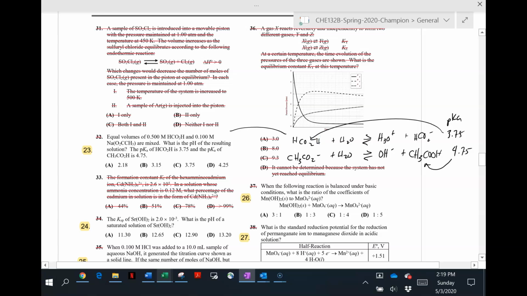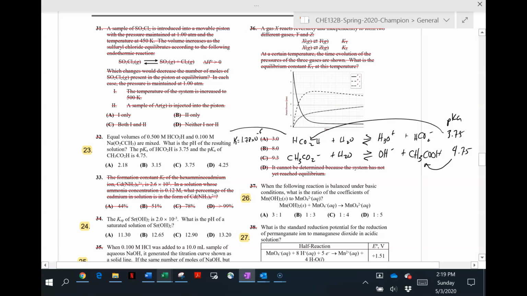So if we're thinking about the K for the first reaction, that's going to be given to us by 10 to the negative 3.75. So let's see. K for this first reaction is going to be 1.78 times 10 to the negative... that is not right. Let's try that again. Yeah, 1.78 times 10 to the negative fifth.